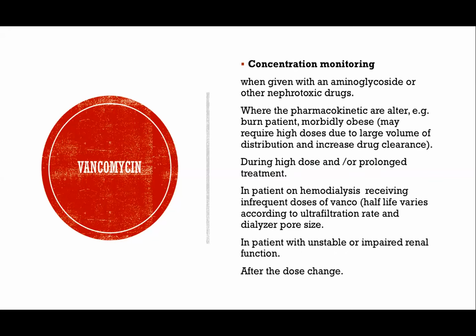Here we talk about the pharmacokinetics that can be changed in obese people and burn patients, and that can alter vancomycin concentration. Also, we have to monitor during high-dose vancomycin and for patients who are using this medication for a very long time.